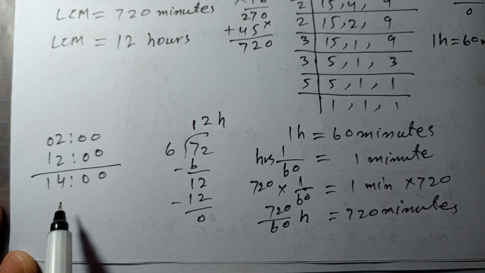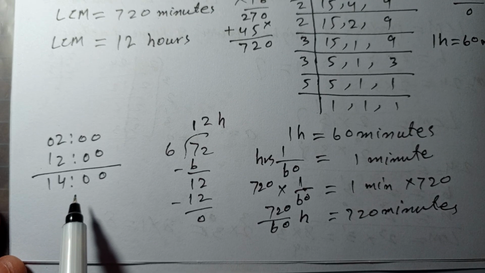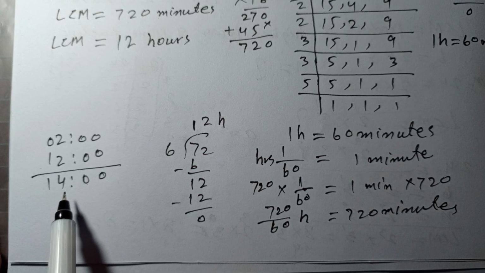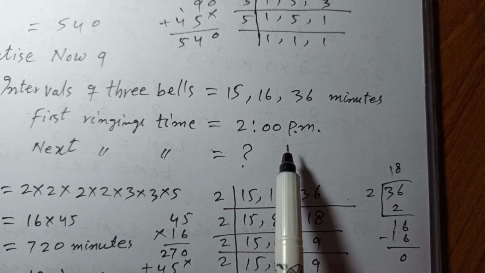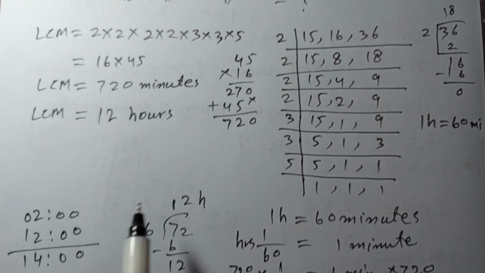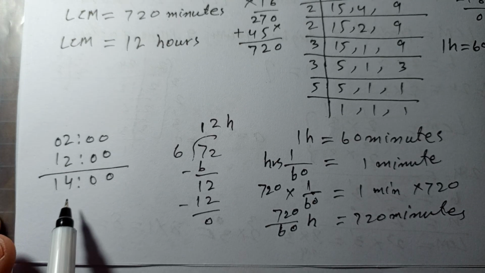And dear student, now you know that there are no 14 hours in AM and PM. It is only in 24-hour time, but here we are using the PM method and AM method. So our PM time will be converted to AM time when it has become 14 hours.